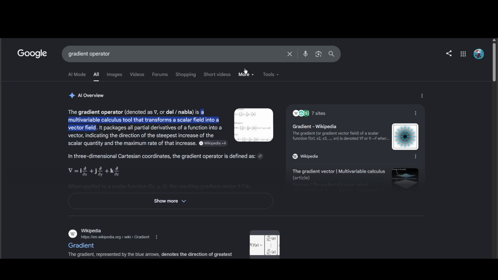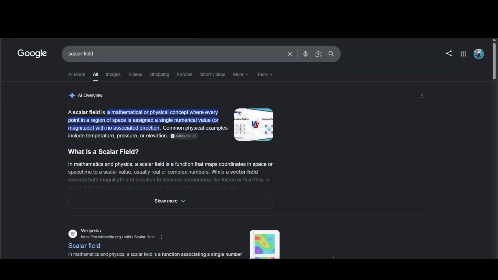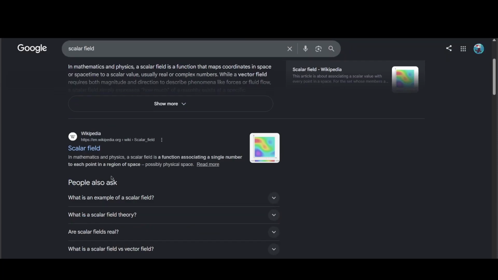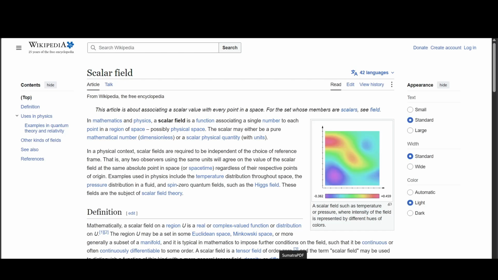But let's dive deeper into what they call a scalar field and a vector field. It says here the gradient operator is a multivariable calculus tool that transforms a scalar field into a vector field. So let's first search for a scalar field, just to get a brief understanding of what it is.